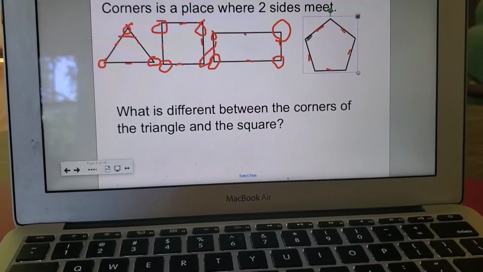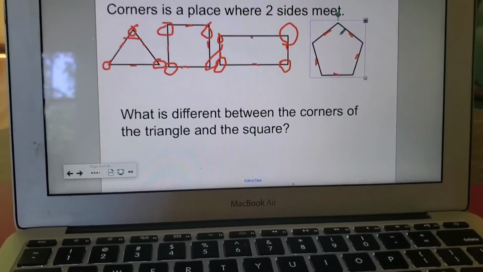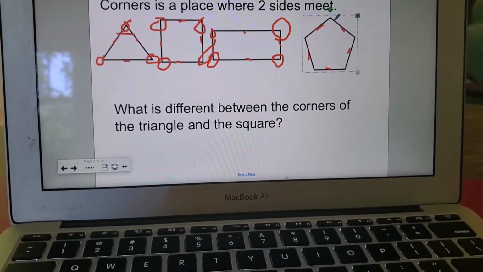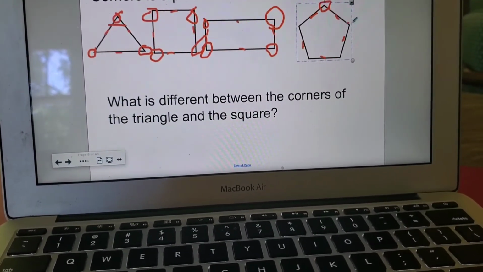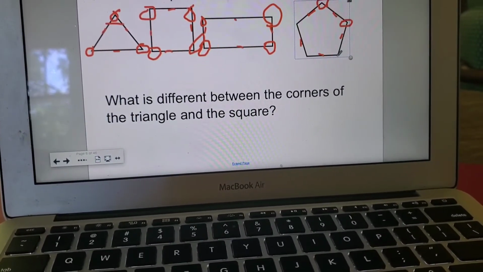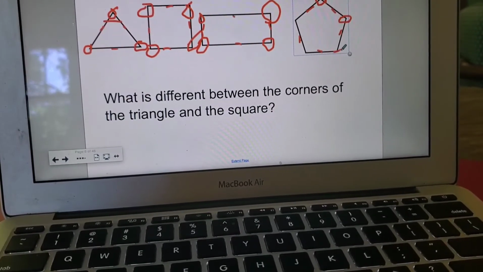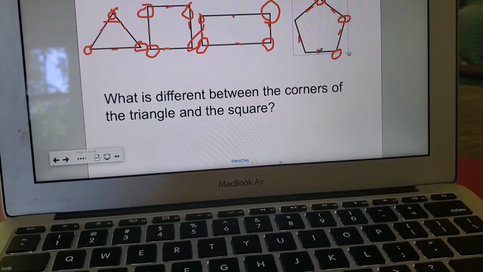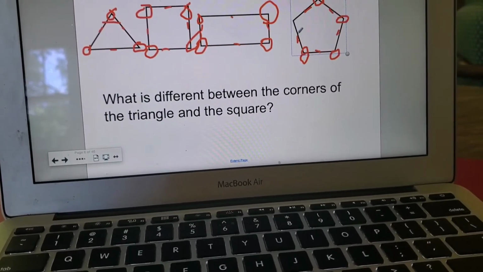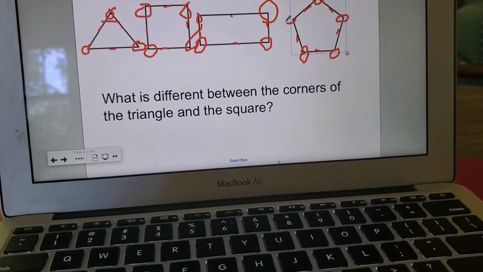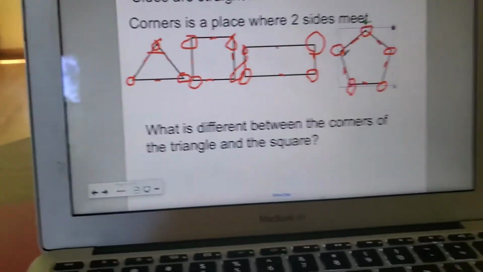Great. All right. Last one. Let's count the corners of the pentagon. Ready? 1, 2, 3, 4, 5. Great.